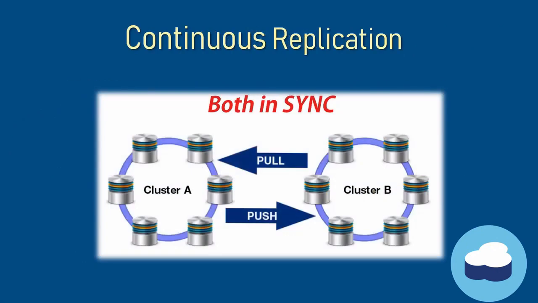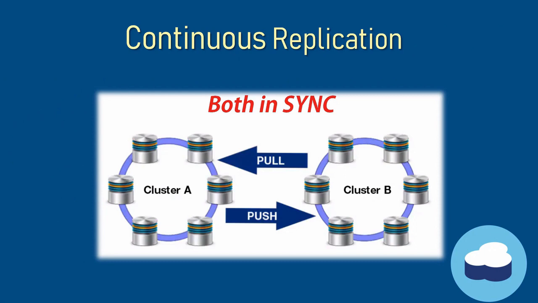The first type is continuous replication. Here we have different clusters, cluster A and cluster B. We want to replicate in both directions. Here nothing is only source and nothing is only destination, or both are source and both are destination.